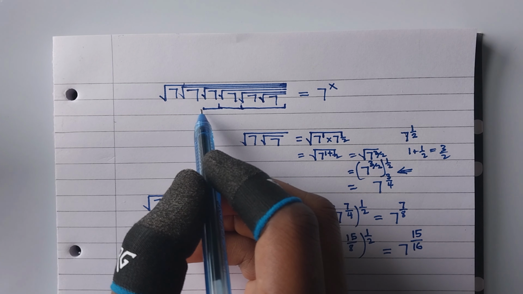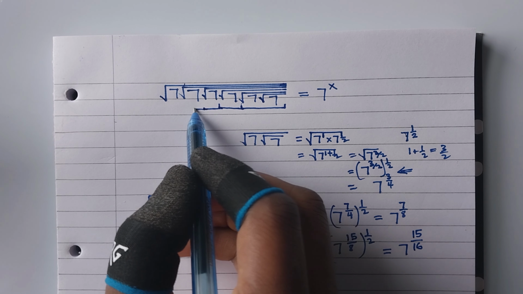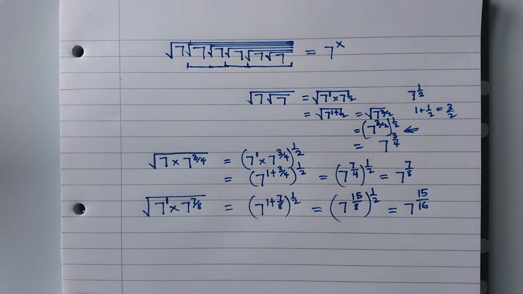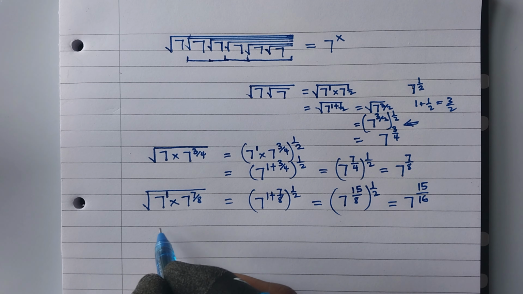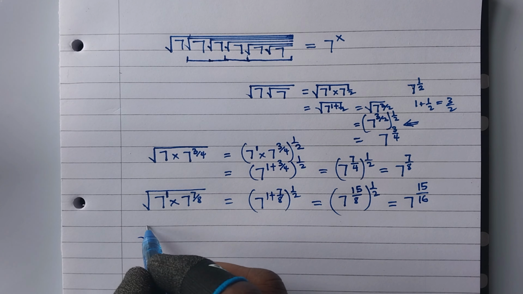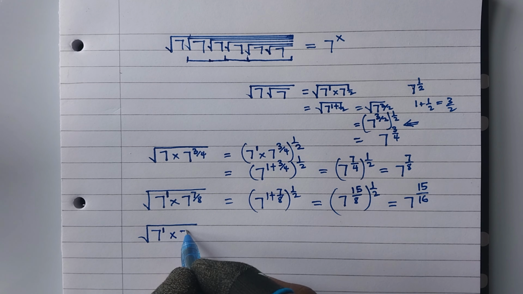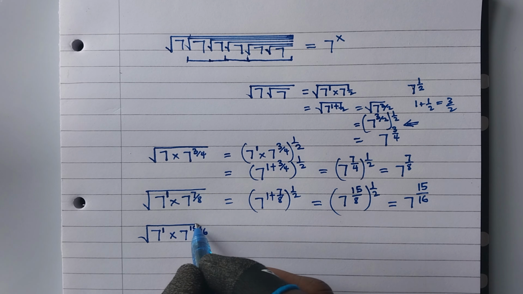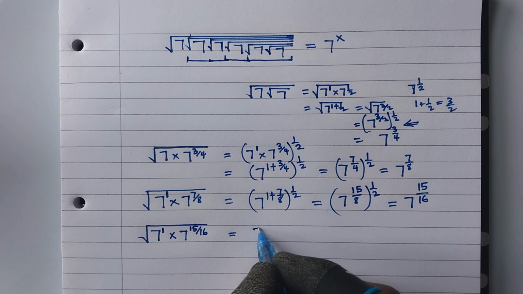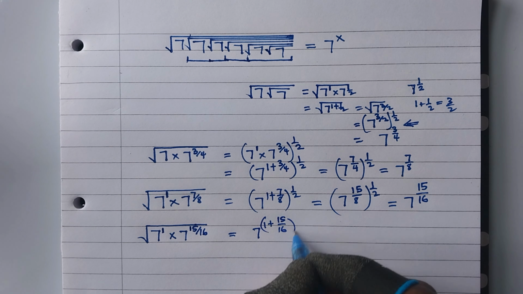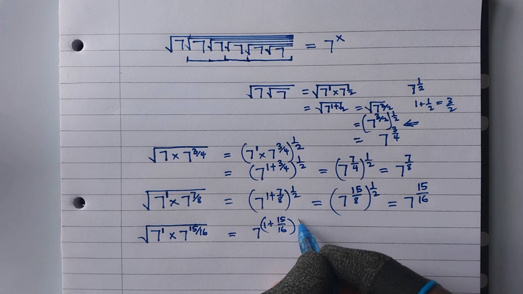Then we go to the next stage, which is the next 7 and the next radical. And we have the square root of 7 raised to power 1 times 7 raised to power 15 over 16. And that is 7 raised to power 1 plus 15 over 16, raised to power 1 over 2.